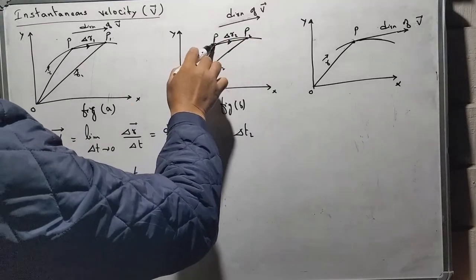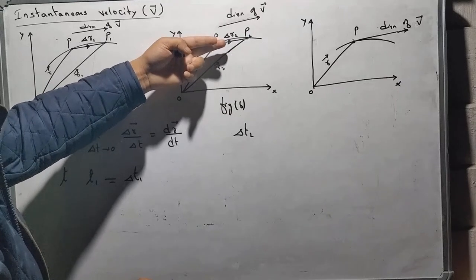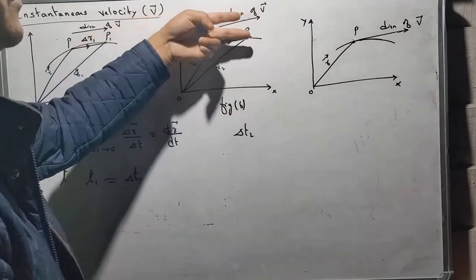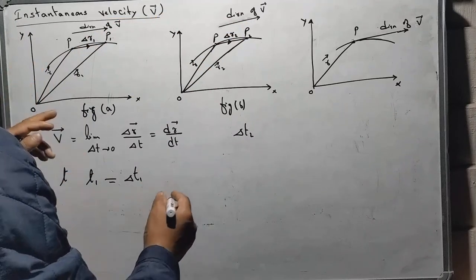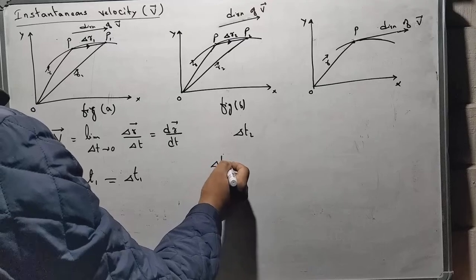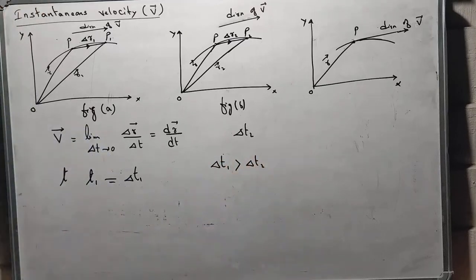So this is the direction of delta R2, and the direction of average velocity also should be parallel to this displacement vector delta R2. Please note down here that this delta T1 is more than delta T2.